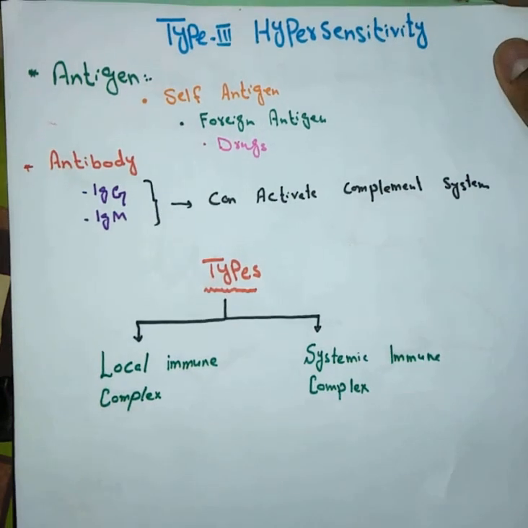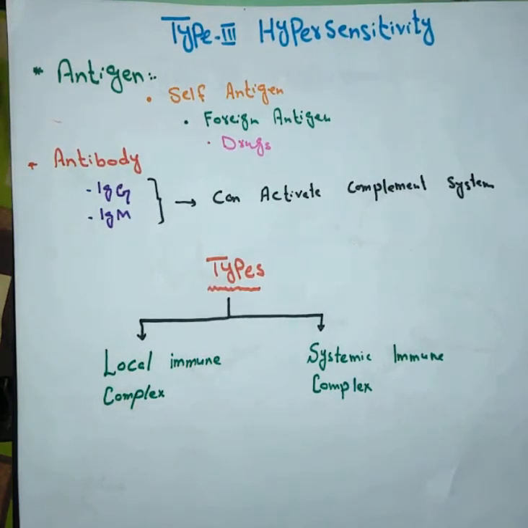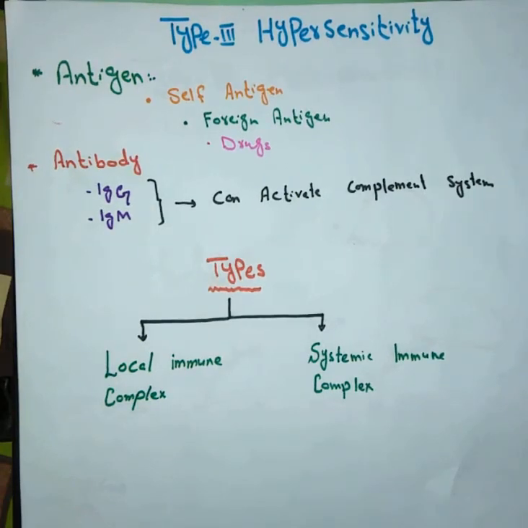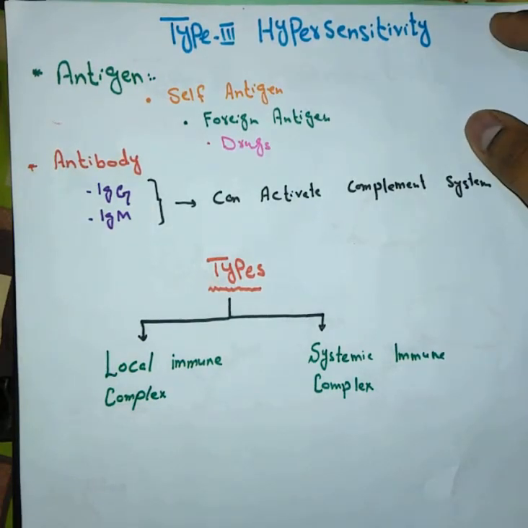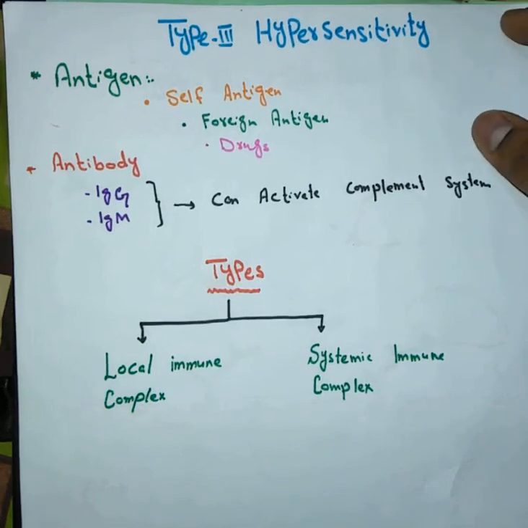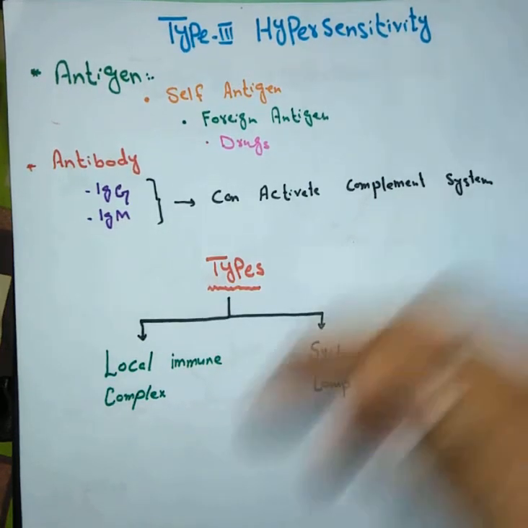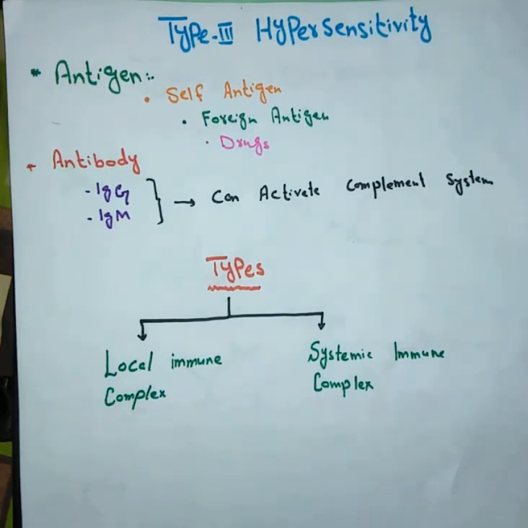In type 3 hypersensitivity reaction, these complexes become too large to be solubilized in the blood, so they stay insoluble, and they are too large to be phagocytosed by phagocytic cells like neutrophils and macrophages. It means they will stay inside the circulatory system or inside the tissue.